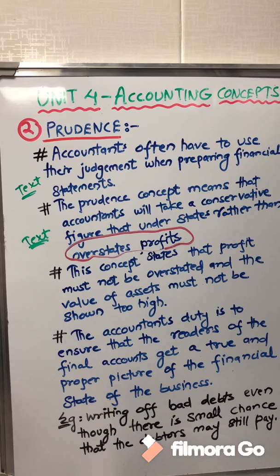But before writing off bad debts, if there is a small chance that the debtor can pay, then we should not write them off. So before making any judgments, they have to be very careful and apply the prudence concept.